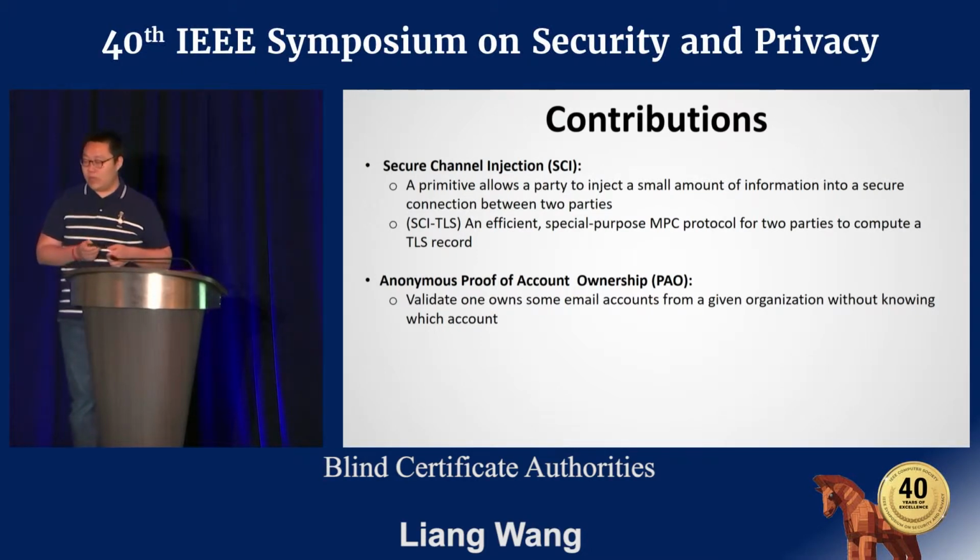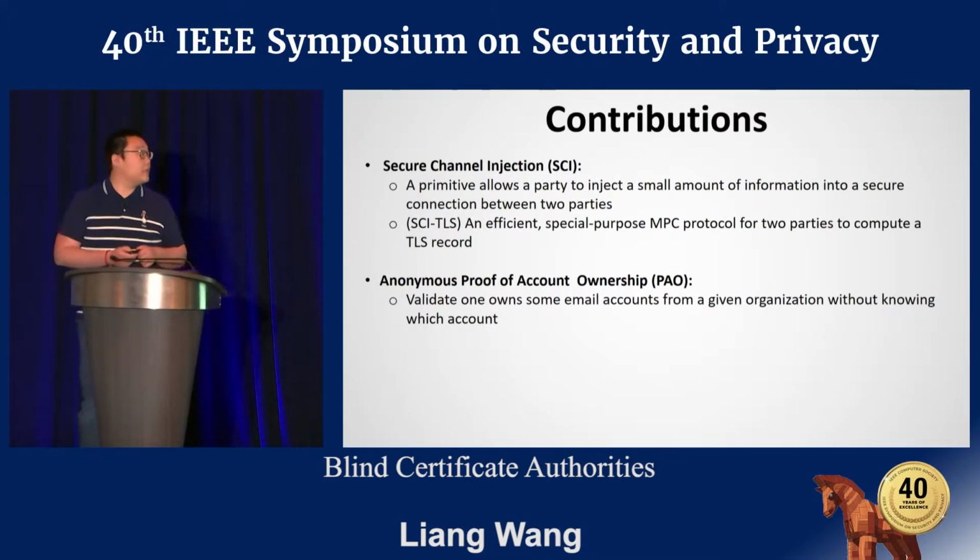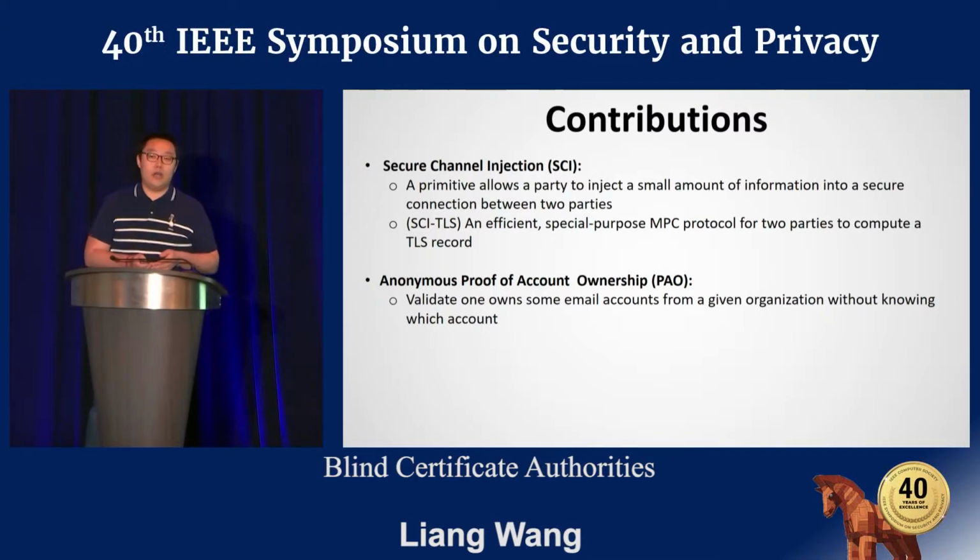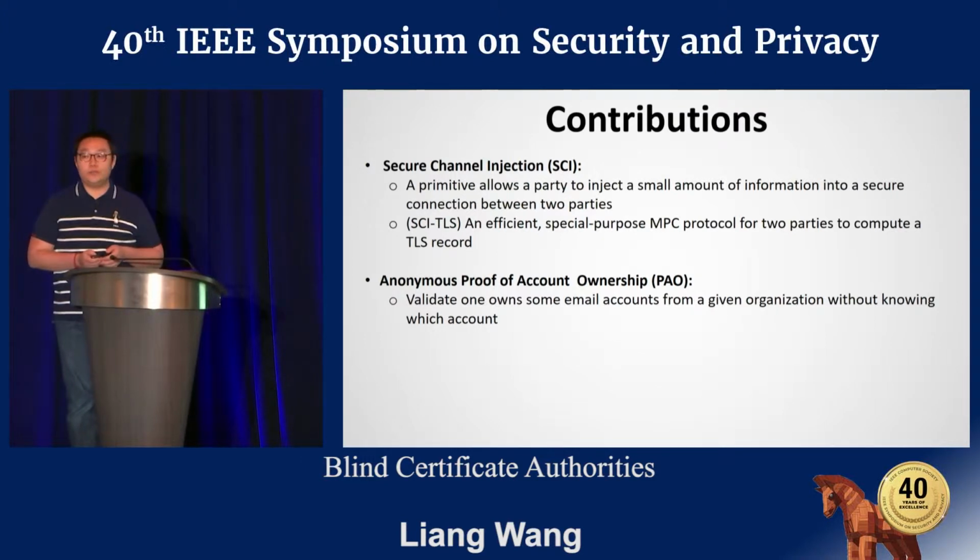We leverage secure channel injection to design a new way for email verification. One can validate that a user owns some email account from a given organization, but without knowing which account.